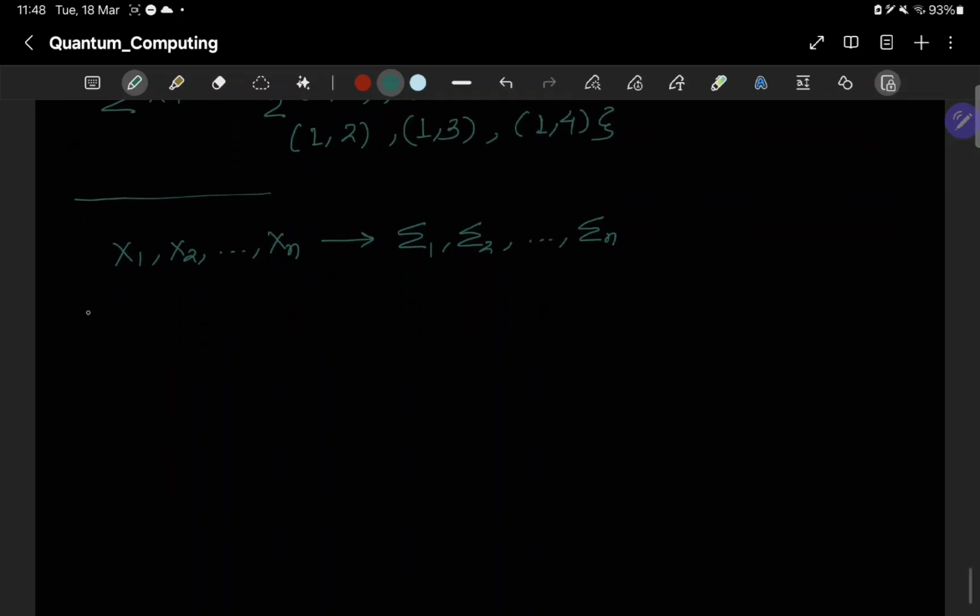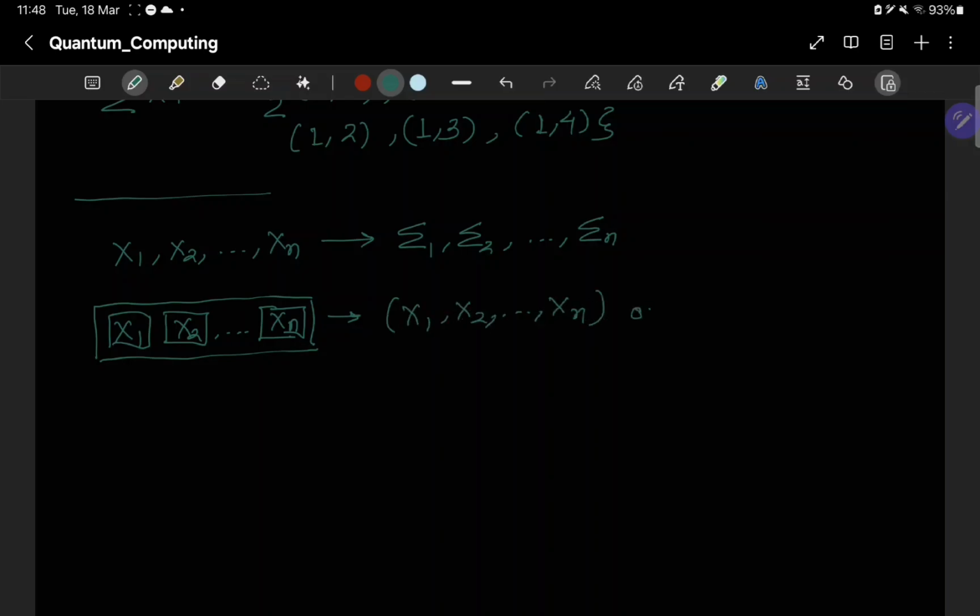Now if we make a compound system consisting of X1, X2 up to Xn, we'll denote that as (X1, X2, ..., Xn).